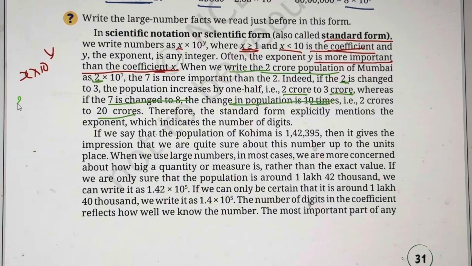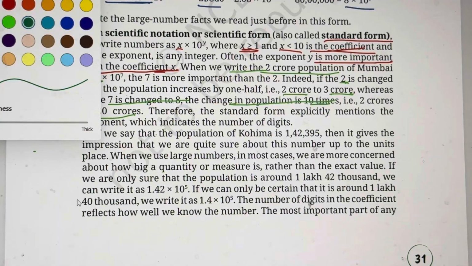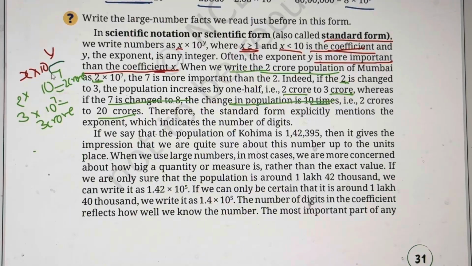So what was the basic? If I take 2 into 10 raised to 7, and if I make it 3 into 10 raised to 7, this is 3 crore. This is 2 crore. But if I change the value of the power, this 7, 2 remains the same and the power becomes 8, so this becomes 20 crores.